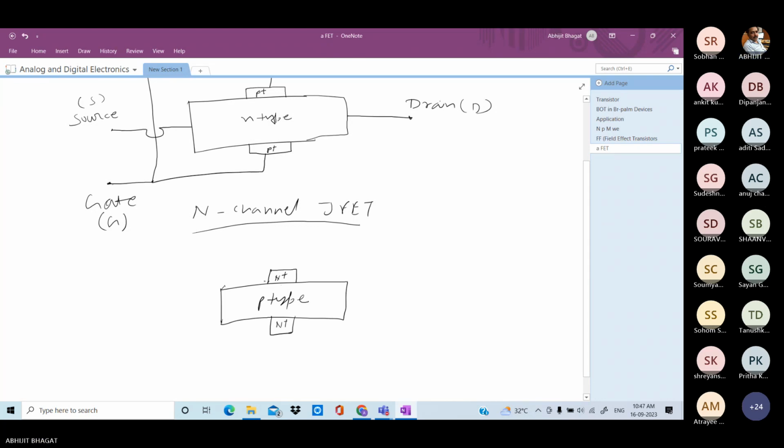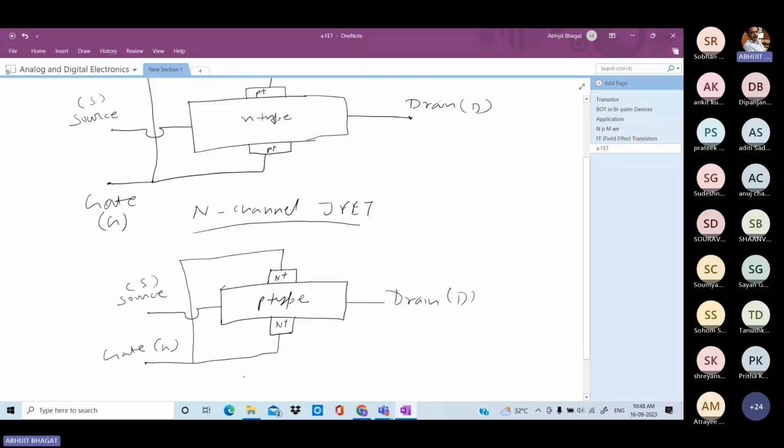By joining these two N plus regions, we get the gate terminal. One side is the source terminal and the other side is the drain terminal. So this is for the P channel JFET.